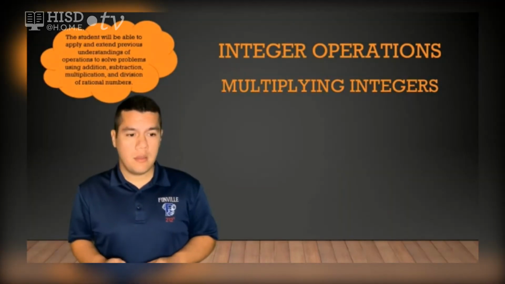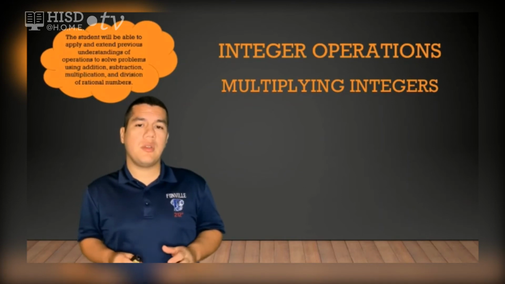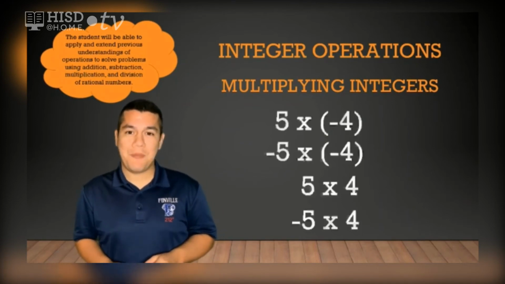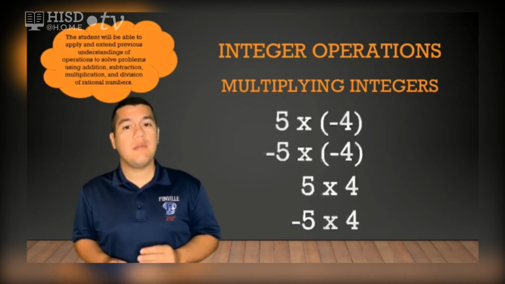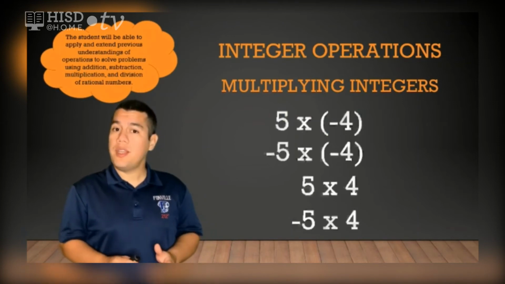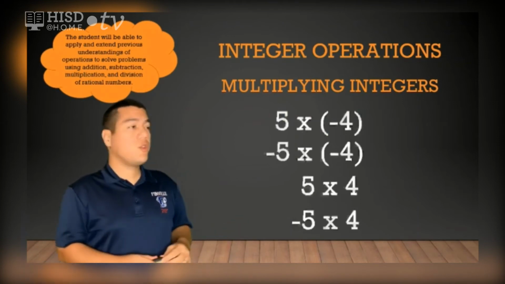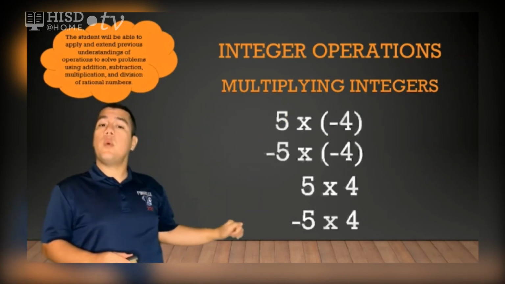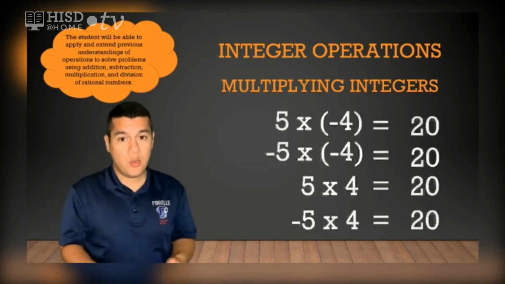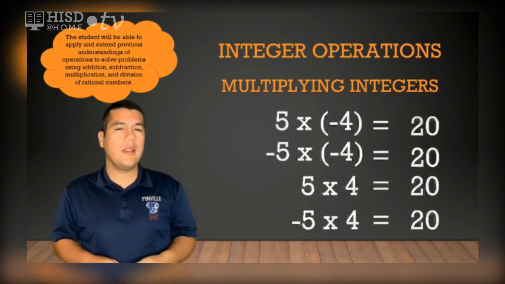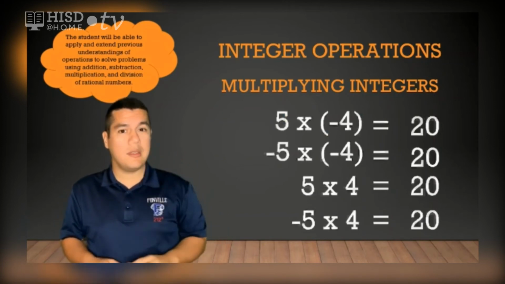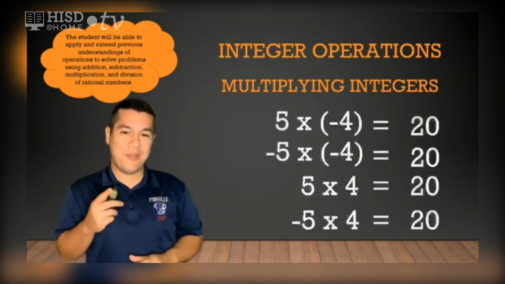Now we get to the multiplication of integers. For that, we are gonna be evaluating one operation, which is 5 times 4. We are just gonna do it in 4 different ways in order for you guys to explore what are the 2 rules of multiplication of integers.